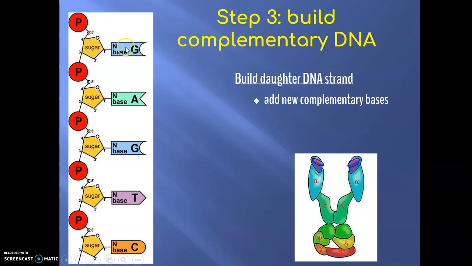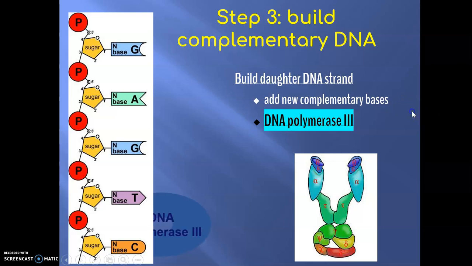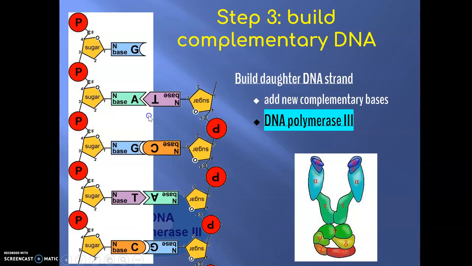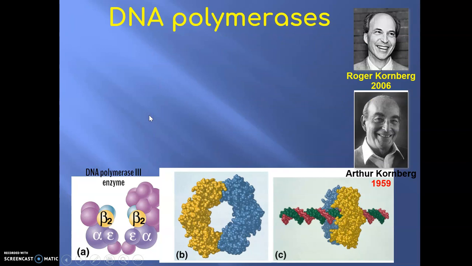For example, here we have G, so the complementary base would be C. A to T, G to C, T to A, C to G. DNA polymerase 3 is the enzyme that comes in and adds those bases. So this is an example of DNA polymerase. It's going to be moving its way up, so that we can add our different bases.